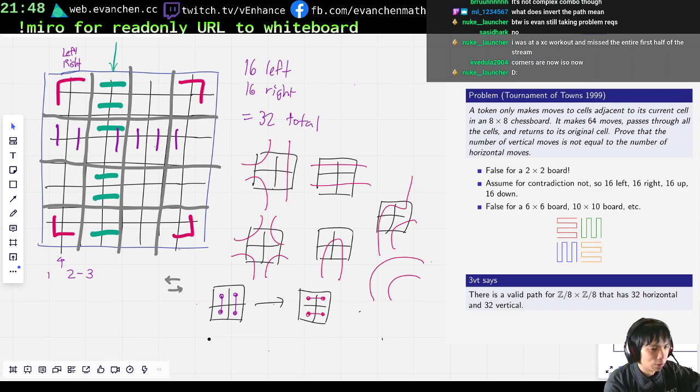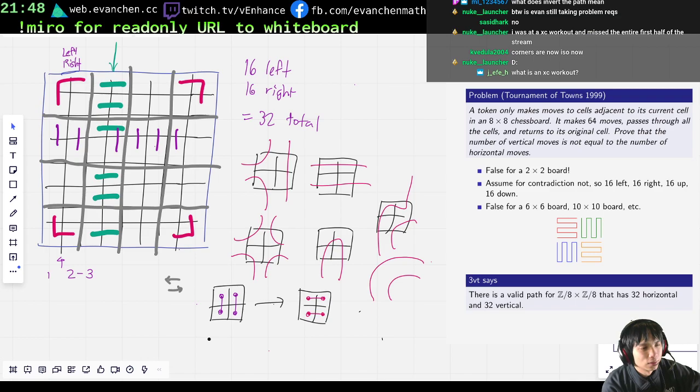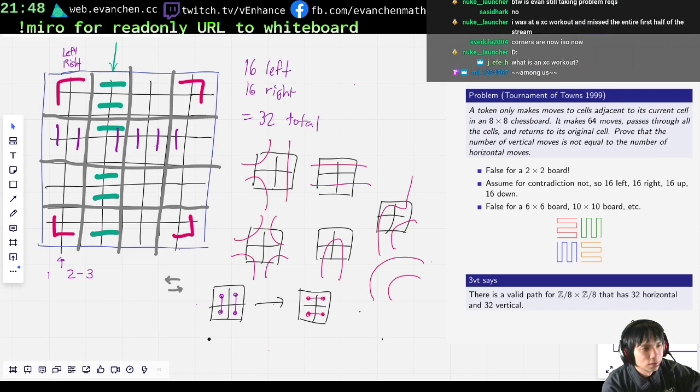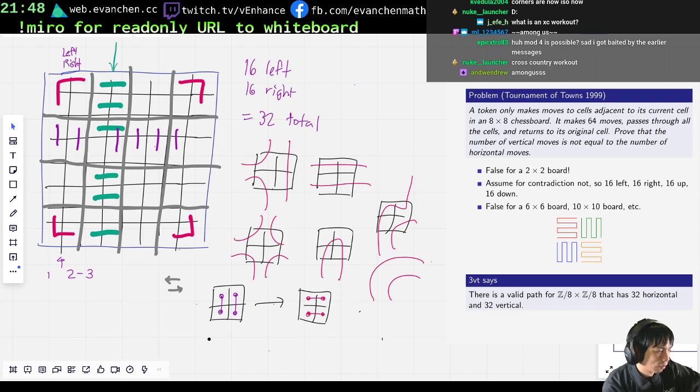I'm not taking more problem requests because I've been on this problem since we started. The corners are now isolated. That's cute. Okay, so mod 4 is now possible. How do you do the mod 4?